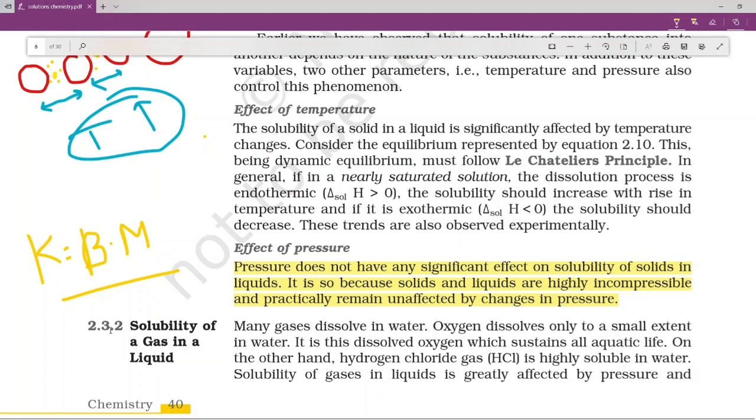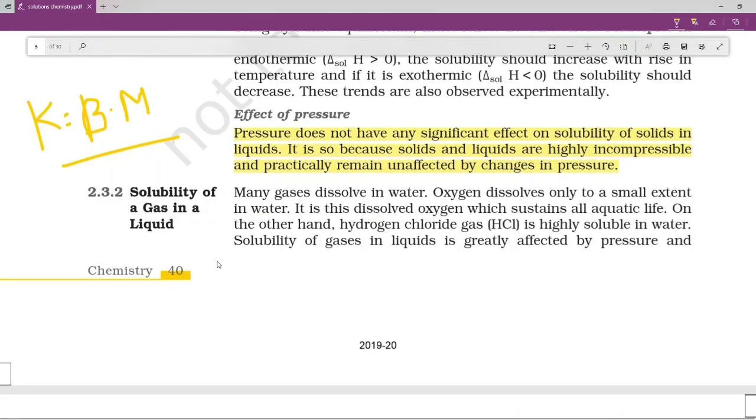The value of bulk modulus for a given gas is finite, and obviously it is comparatively lower than for solids and liquids, as a result of which the solubility of gas in liquid can be changed by changing the temperature as well as pressure, and other variables also play an important role, for example the nature of solute and solvent, which we have already discussed.